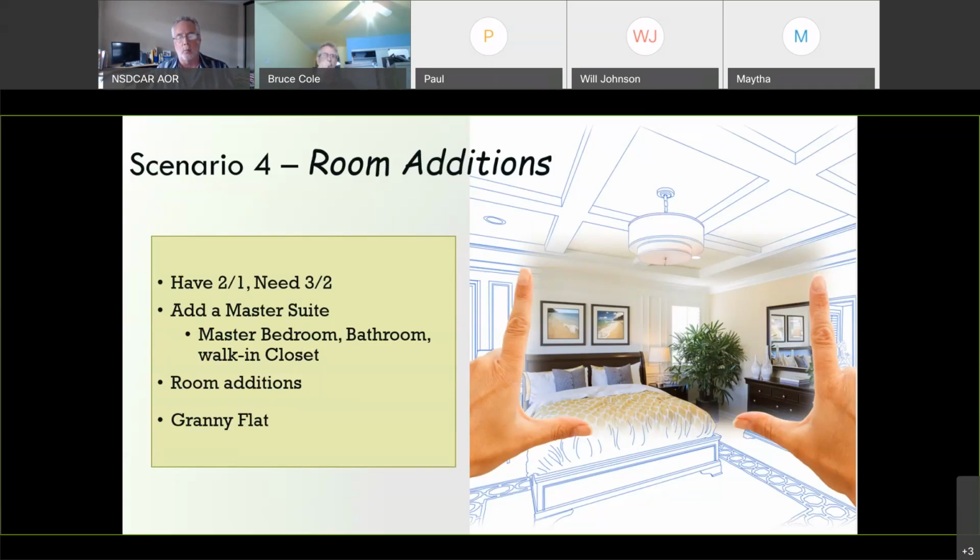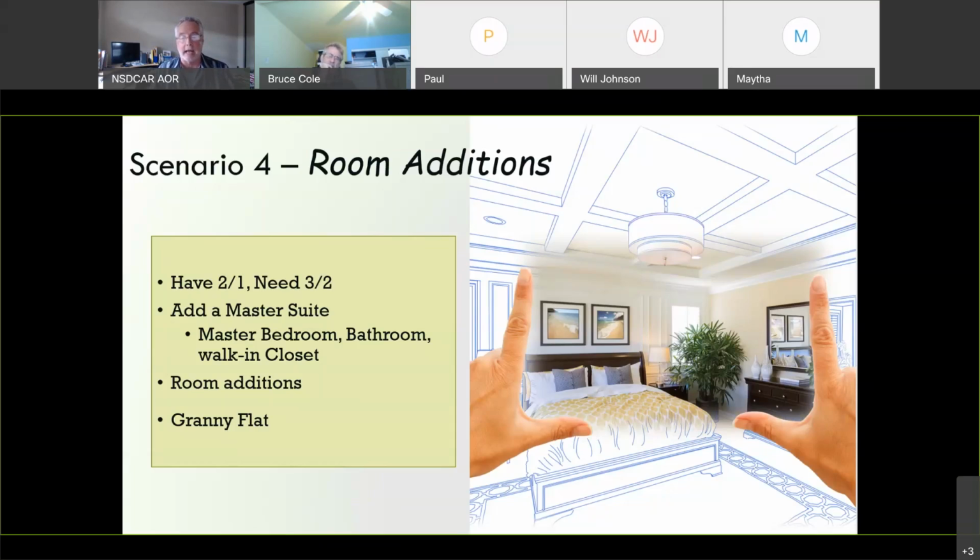One of the issues that makes this challenging from a time standpoint is these all require us to come up with plans and submit plans to the building department. Frankly, that takes time. It takes weeks. Sometimes it takes months.